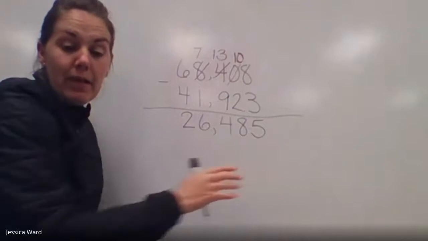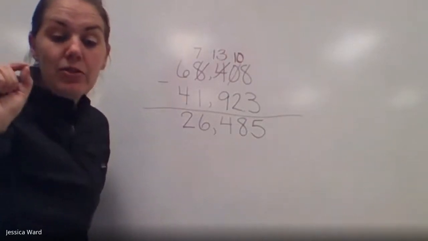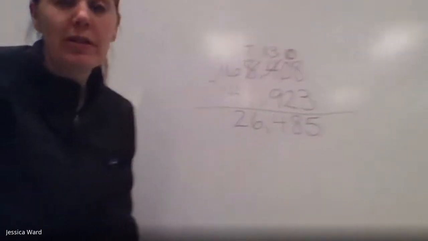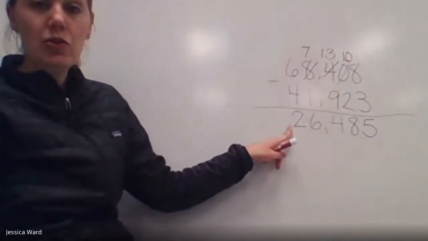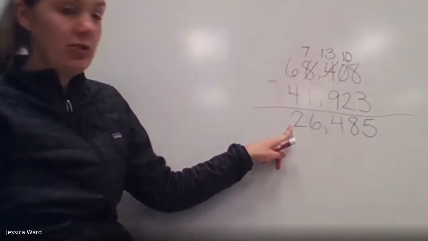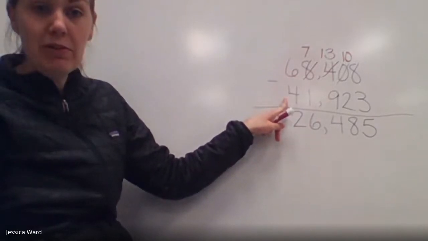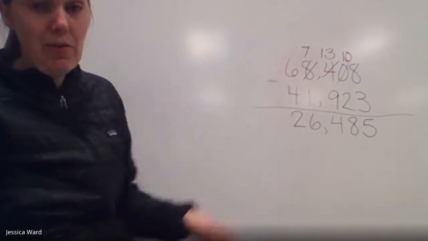26,485. Now remember, the second model says add to check your answer. What I should get is, if I add 26,485 to 41,923, I should get my original number of 68,408.